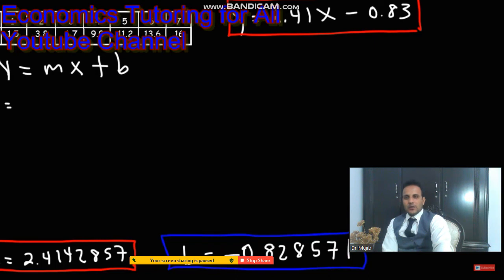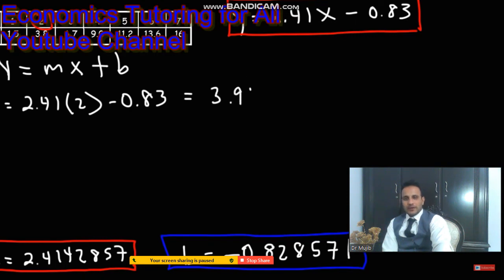Likewise, in the table you can see that if x is 2, what would be the value of y? Putting it in this formula and calculating, the value of y is 3.99, which is near to the value 3.8 in the table. So you can match these values. This means the model is correct.